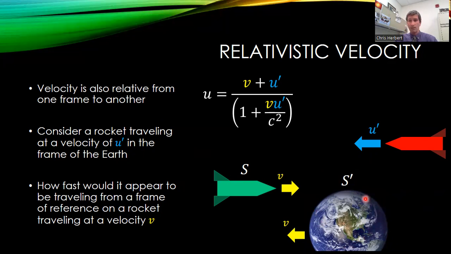Its velocity is positive, it's moving toward me. And this rocket is positive, it's moving toward me. So I'll put these values in here as positive numbers and calculate the new velocity of that rocket in my frame of reference. So let's use numbers here.